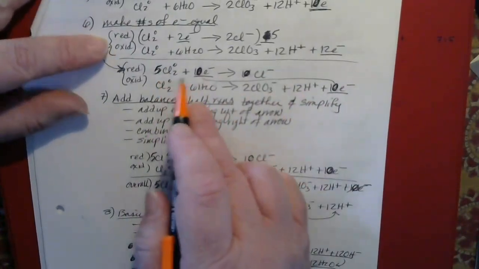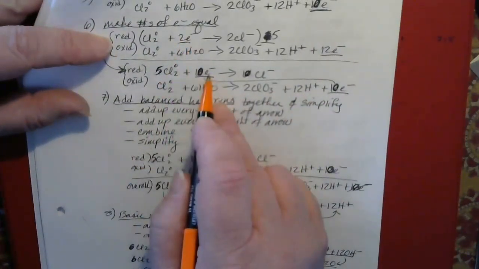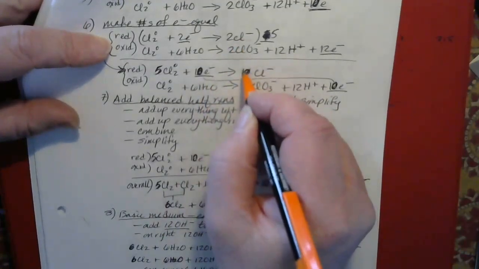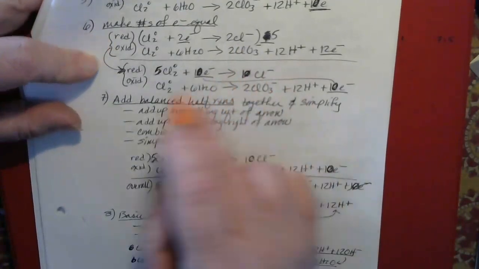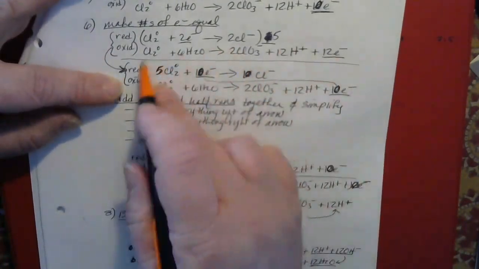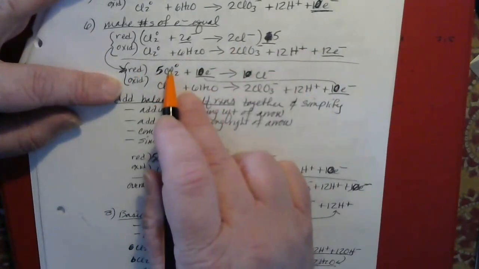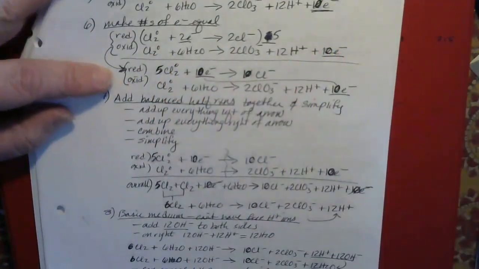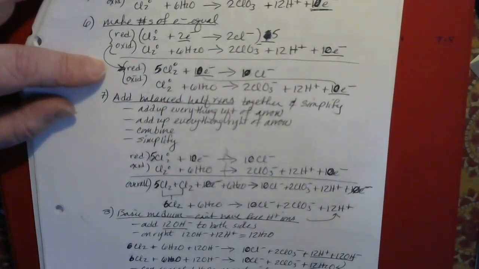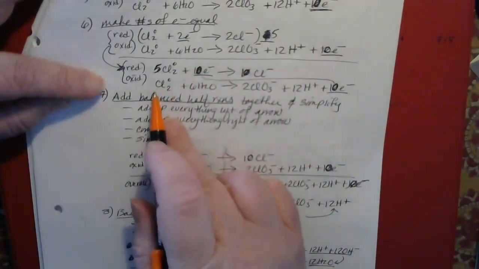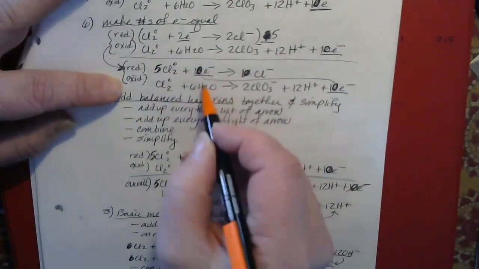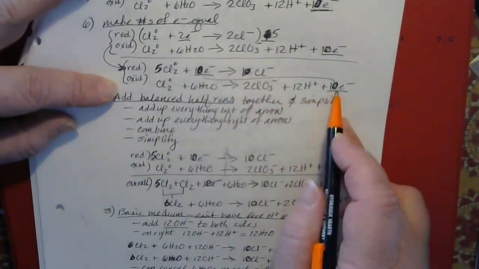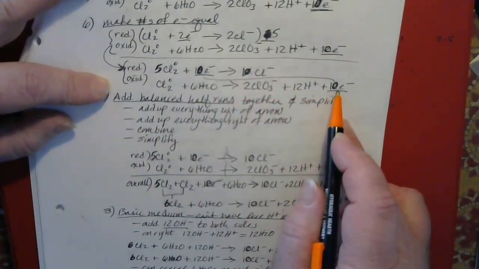So it becomes 5Cl2 plus 10 electrons goes to 10 Cl minus. Okay, so the oxidation half reaction stays the same because it already had 10 electrons.